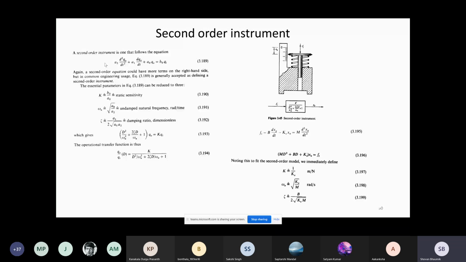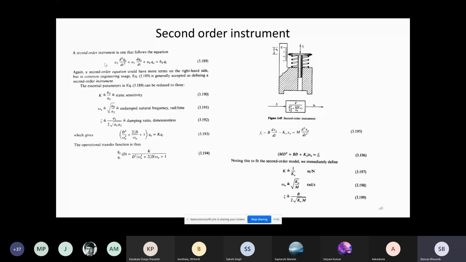There remains another term, a1 by a0, and we define it in a different way to relate it with the physical things. We define zeta as a1 by 2 root over a0 a2, which is nothing but a function of the constants.